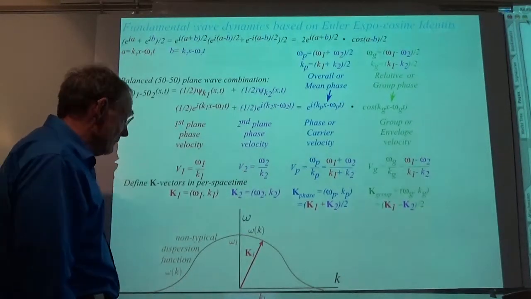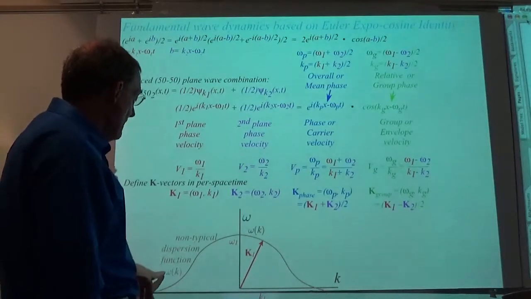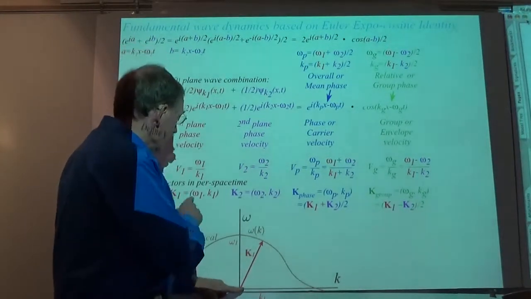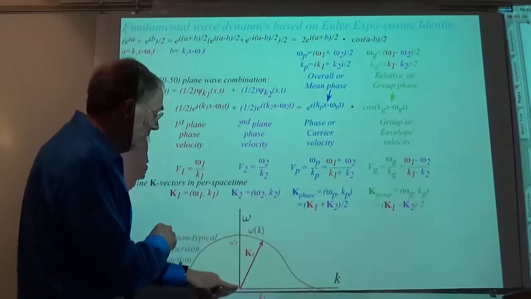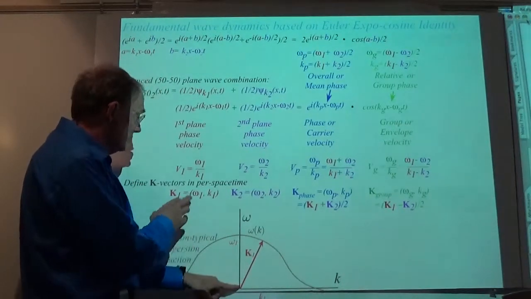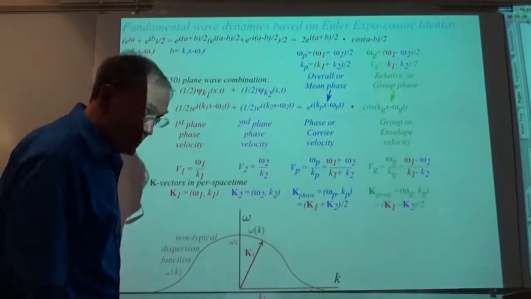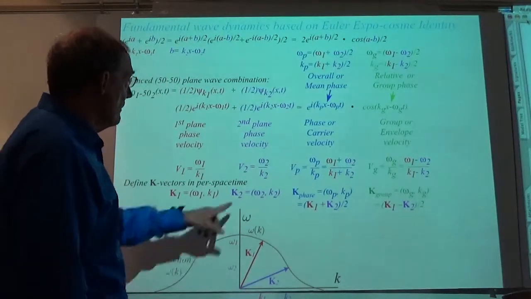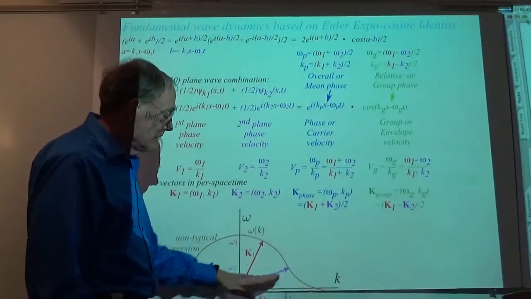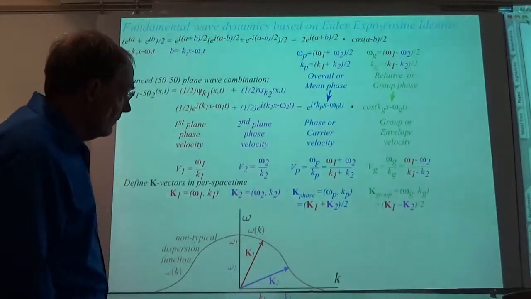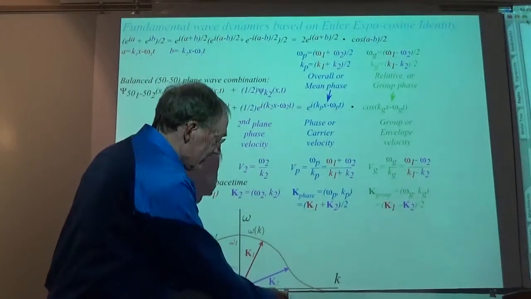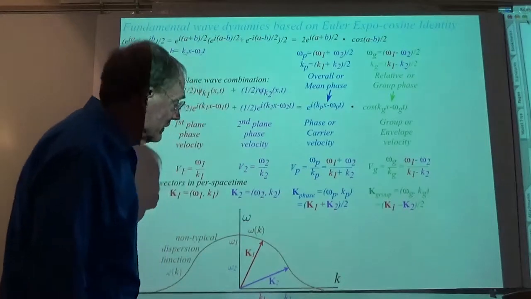Not for the ground state, probably. But anyway, I'm going to pick a k1 that slopes, right, has a slope equal to a velocity, okay, omega over k, all right? And that'll be number 1. There's number 2, okay, typical value. I pick this state and this state, okay, and those are their omegas and k's.